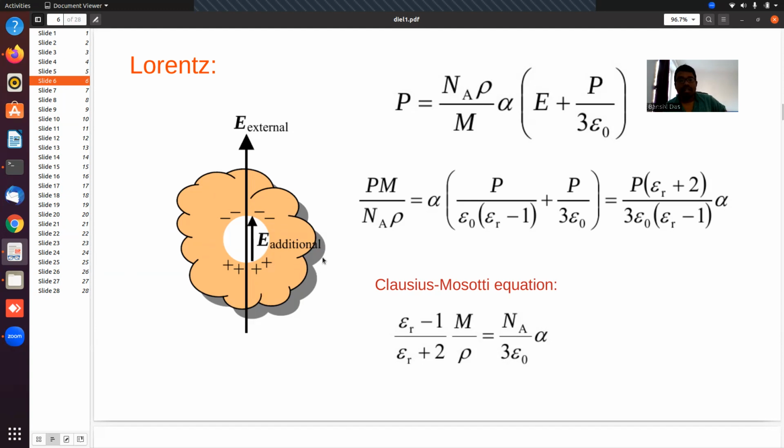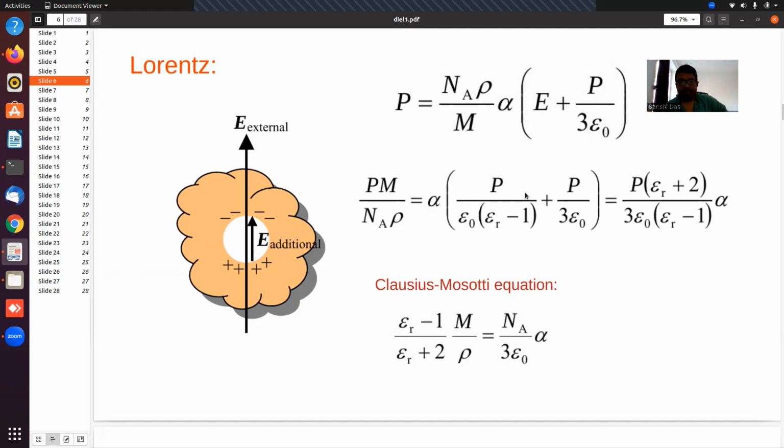Without this local electric field, we could not understand, and that would be erroneous. So Lorentz derived that the local contribution, the induced contribution, is P by 3 epsilon naught, where P is the average polarization.